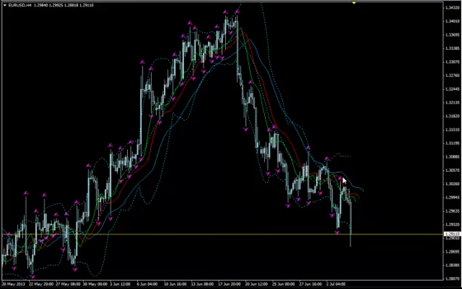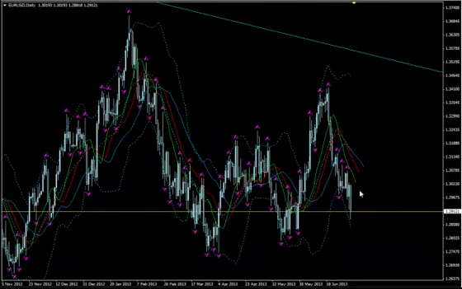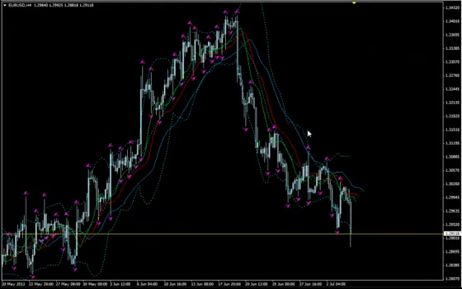But we didn't pay attention to this fractal here saying that there is resistance here and price will not go higher. Because we ignored that, at the same time we had a very bearish picture on the daily chart. We saw that, but we hoped, which is a very big mistake in Forex, that price will keep going up.